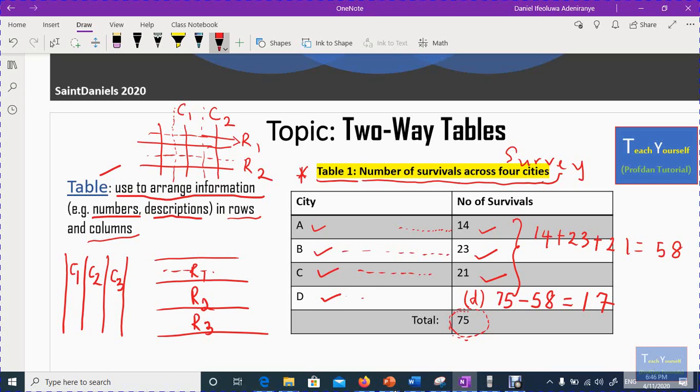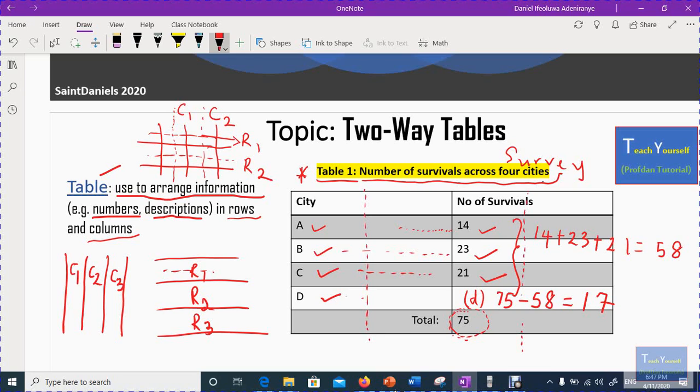So this is a very simple table. Your table is describing the city we have and the number of survivors in that city. In this table, how many columns are there? There are 2 columns: a column showing the city, and a column showing the number of survivors.